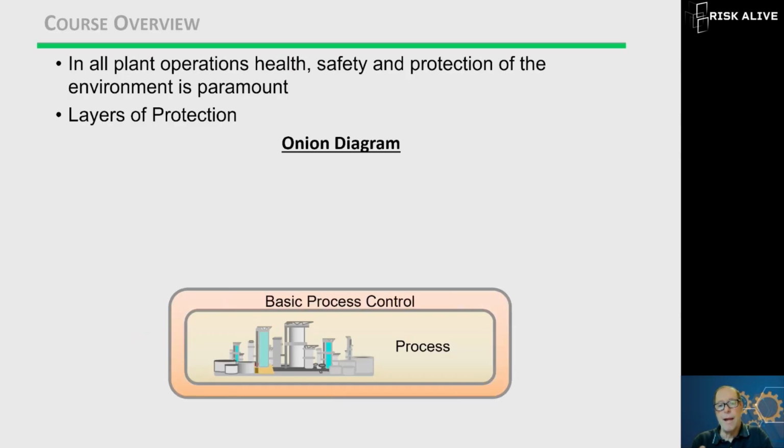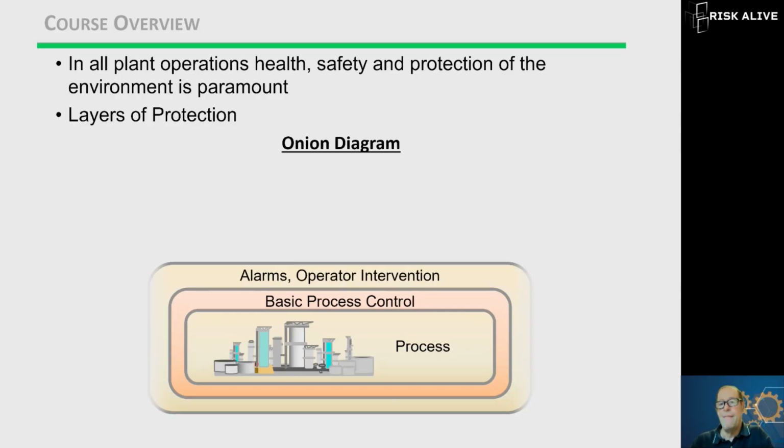And then we wrap around that my basic process control system, maybe my DCS, PLC, whatever it might be. Its function is to keep my process within what we would call a safe operating envelope, right? Keep everything safe, keep everything operating, keep everything happy. And then the next layer around that revolves around alarms and operator intervention.